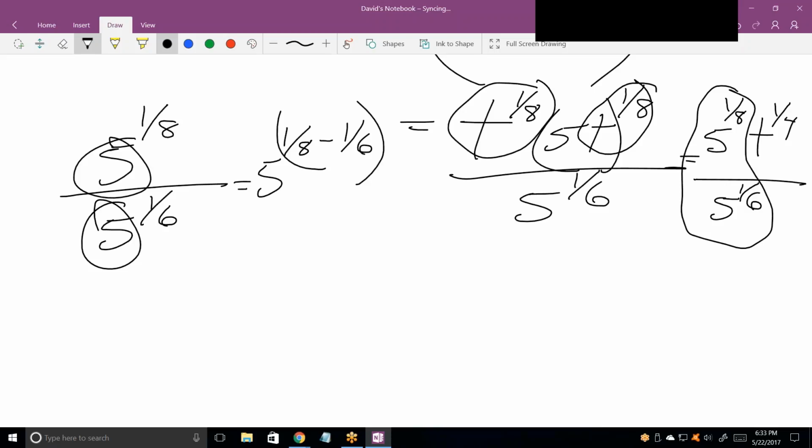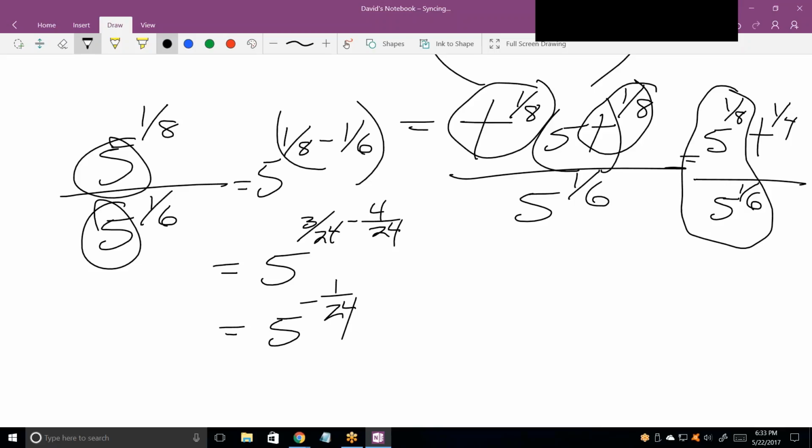Subtracting exponents. Now, that's equal, 24, I think, is my common denominator. So I have 5 to the negative 1/24.